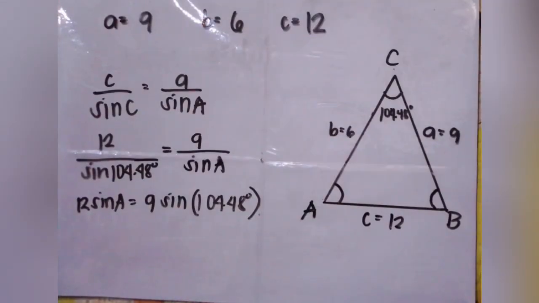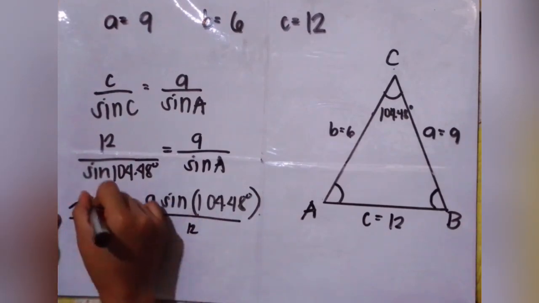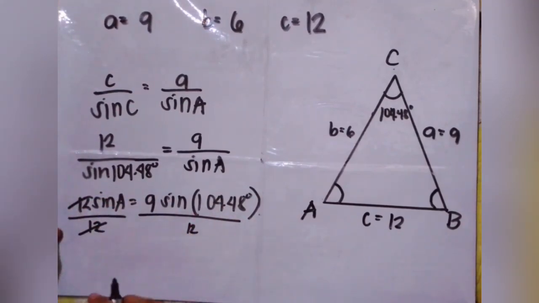Divide by 12 and solve for sine A. Then cancel. Get the angle by using the inverse sine.